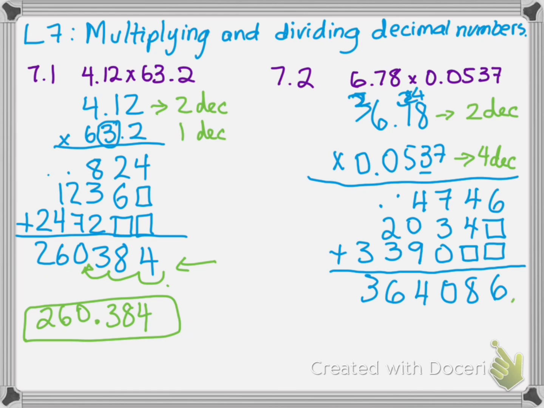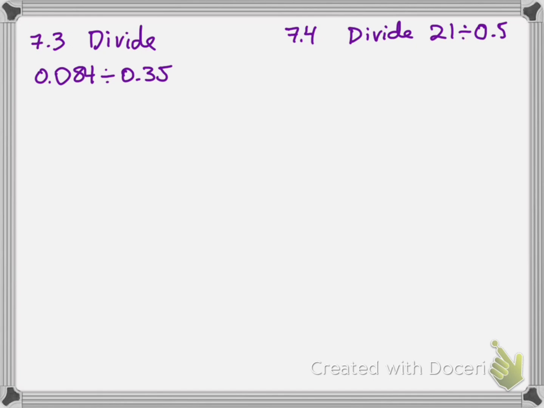So we're going to move 1, 2, 3, 4, 5, 6. And our decimal point will be here, so we need to add a 0 for our final answer. So our answer will be 364,086 millionths.